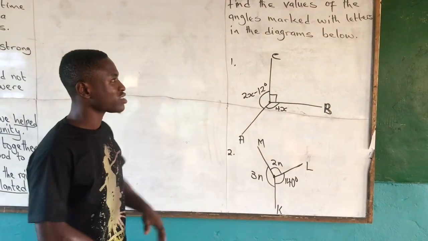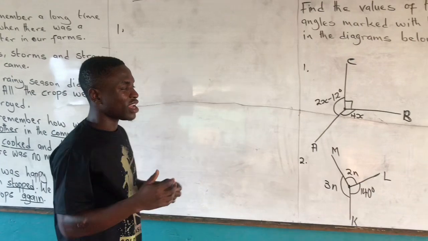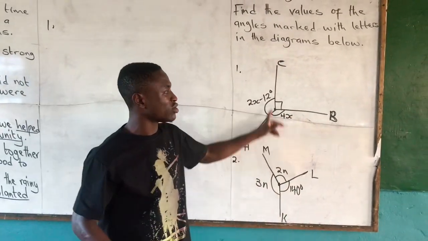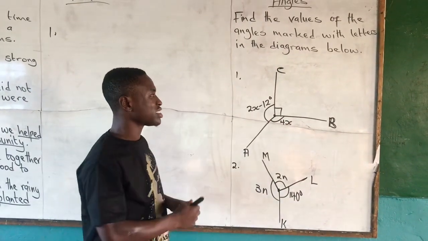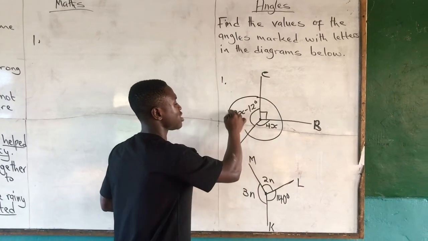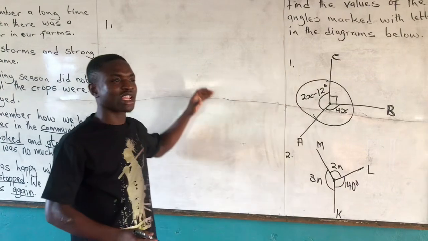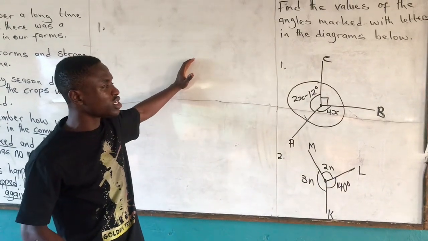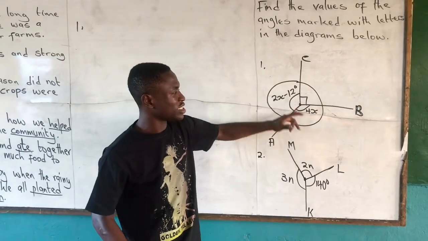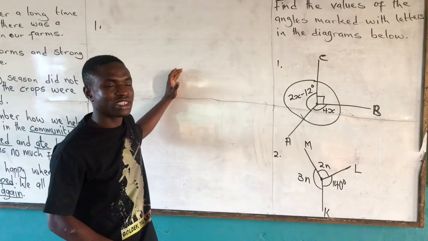So we will take the first one, the number 1. Now we can identify that when we join these angles in this diagram, we can get something like a circle. We know that the total angles of a circle is equal to 360 degrees. So when we add this and the angle here, we are going to get 360 degrees.